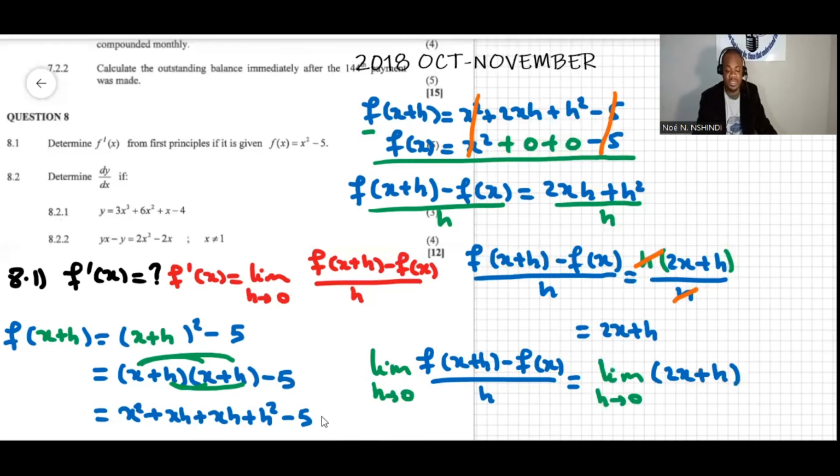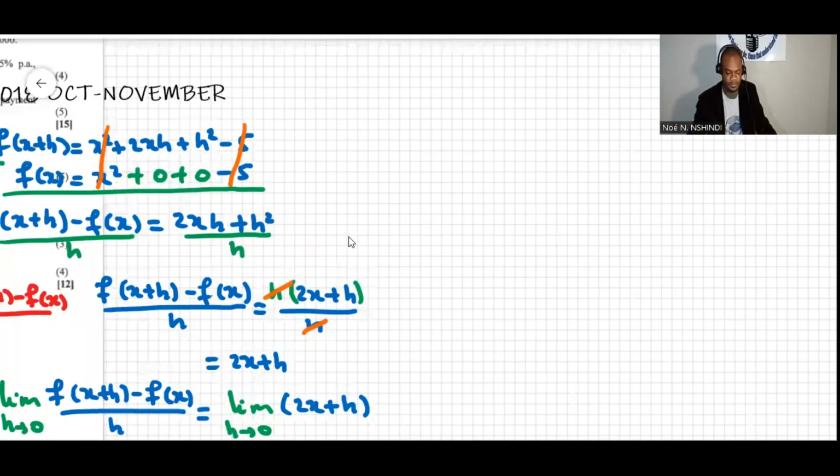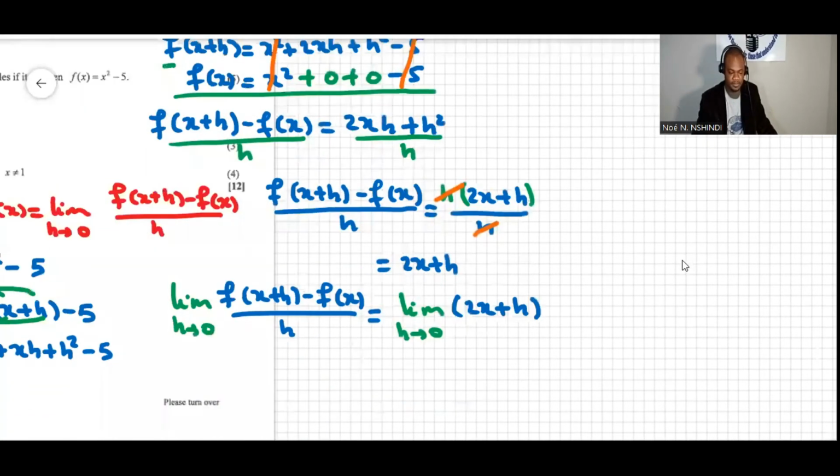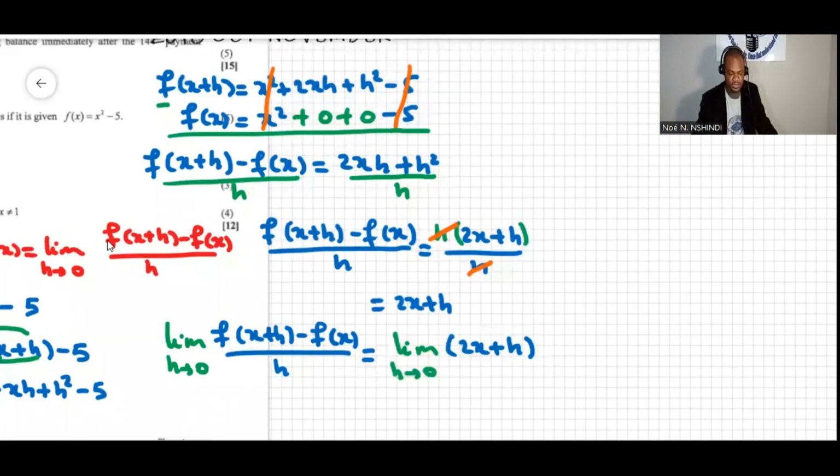This simply means wherever we have h, we're going to substitute 0.